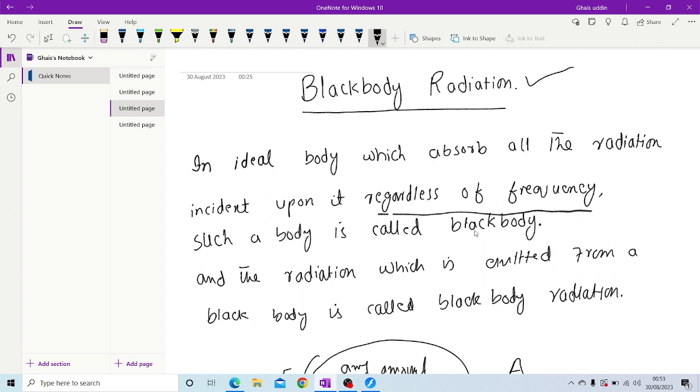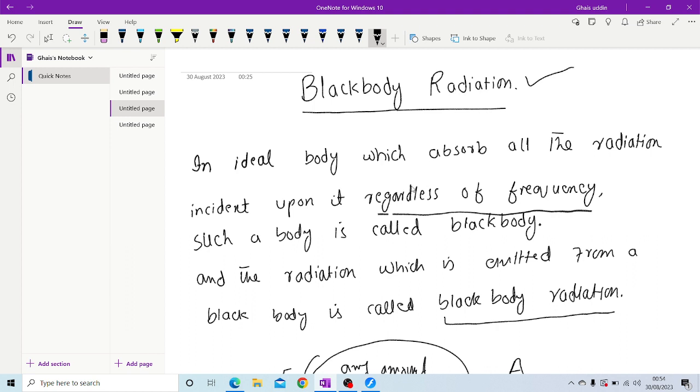Such a body is called a black body. Whatever the frequency or wavelength, the body absorbs all the electromagnetic radiation incident upon it, and the radiation emitted from this black body is what we call black-body radiation.